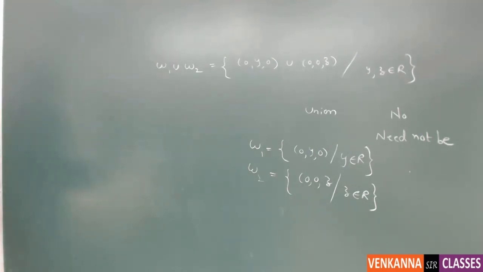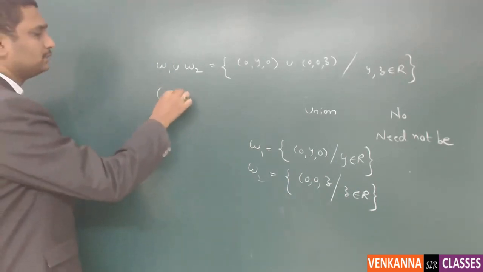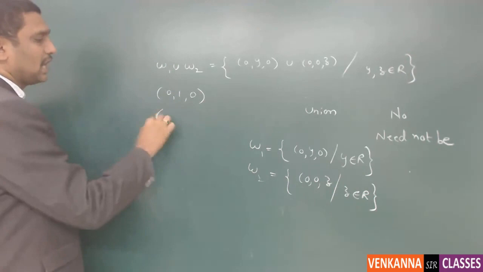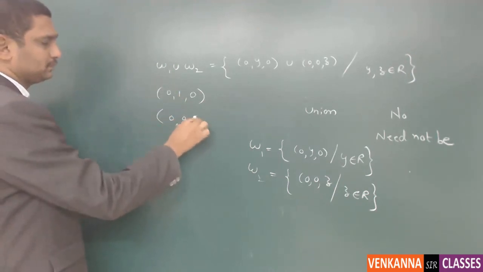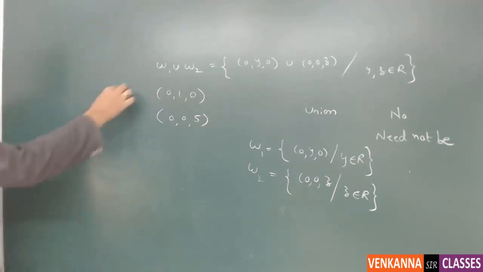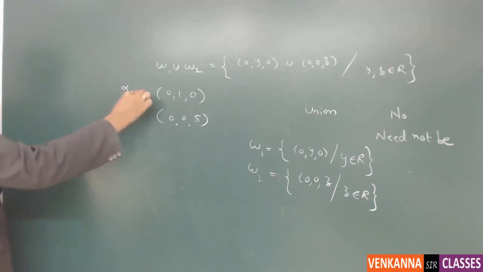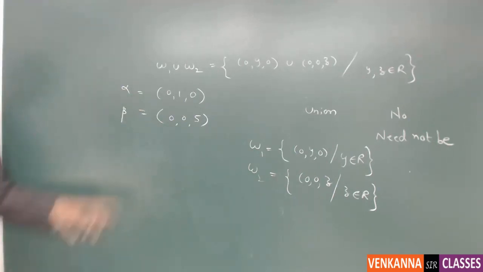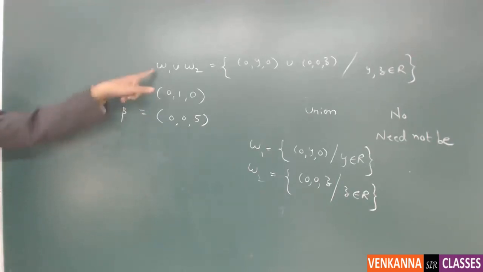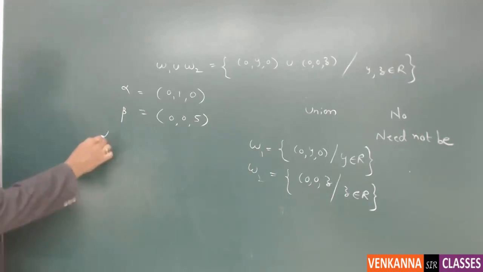For example, let us take a small counter example. Just take a point and another point. So this is a vector belonging to the union and this is a vector belonging to the union. Now just apply the closure law.